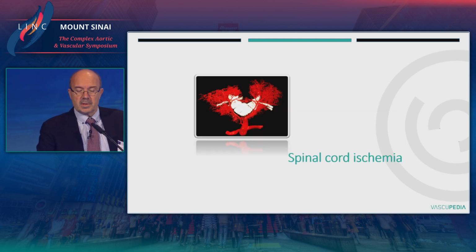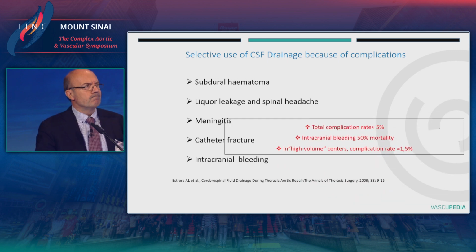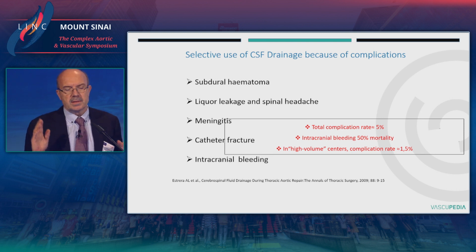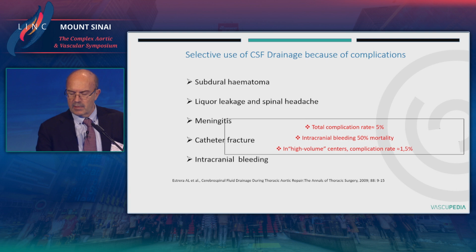The third problem is spinal cord ischemia, but I'm not sure that we can speak about this. During the live cases, we showed our strategy today, and our strategy is to use the CSF drainage only in high-risk patients and not in everybody.